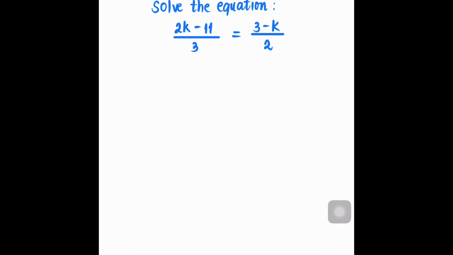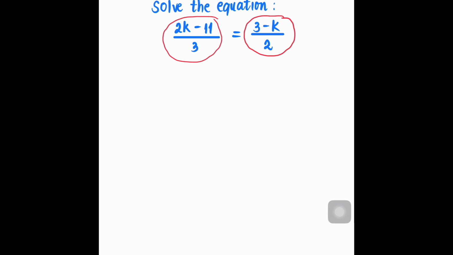So here, there's a faster way to actually solve this. For this case, since we have one single fraction on the left and another single fraction on the right, that tells you one thing.